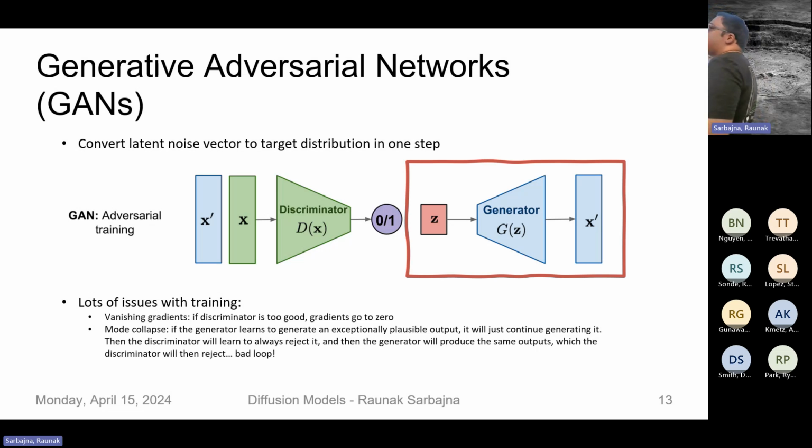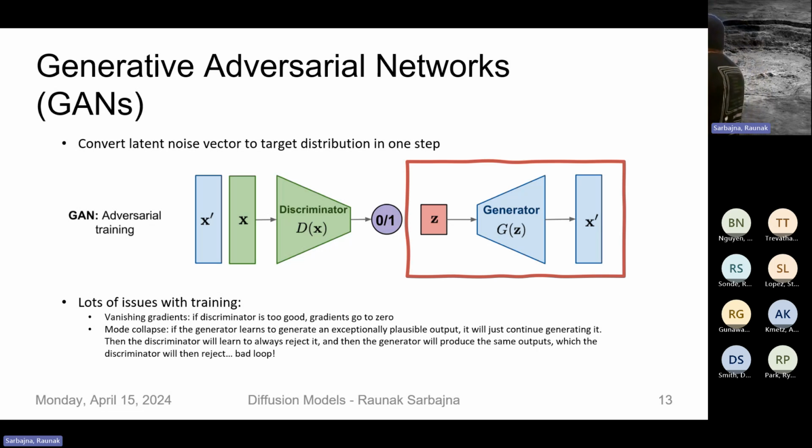It finds an extreme position in the distribution that is probably not the global optimal solution, but it creates this exceptionally plausible output, and then it will continue generating it, because there's no heat, no temperature control that makes the generator create something else.